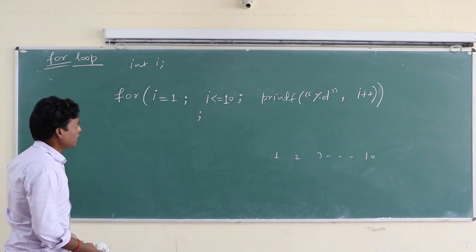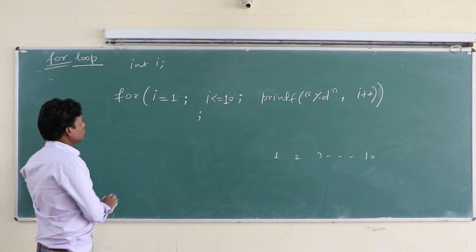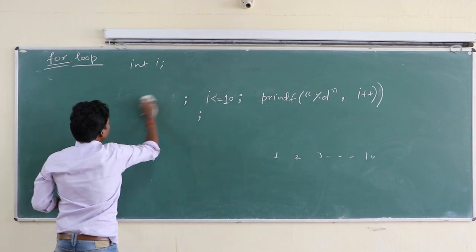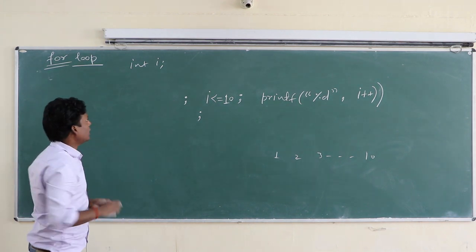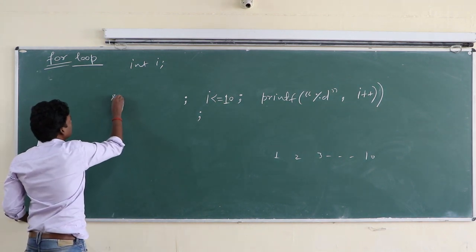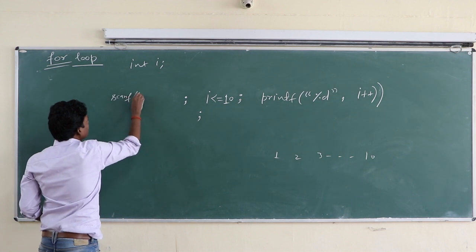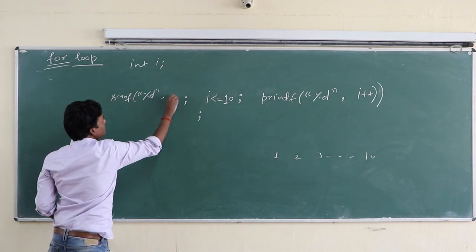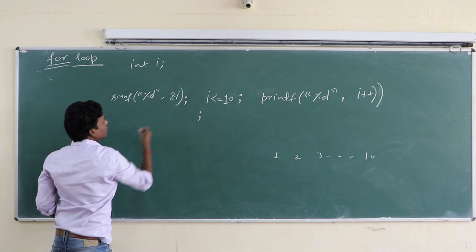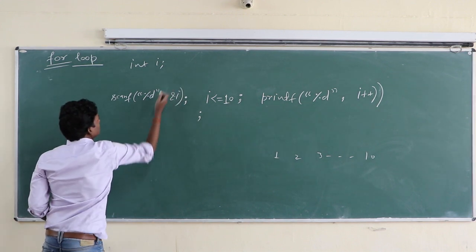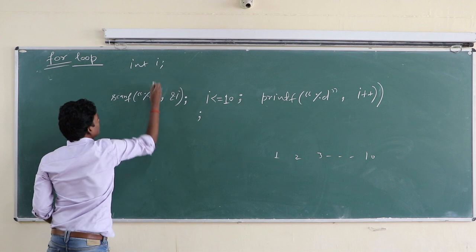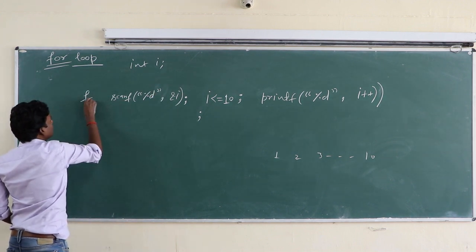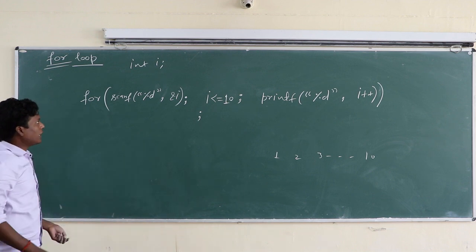Now you can also write here i equal to 1, so you can also write scanf %d, &i. Class, you can also write this.